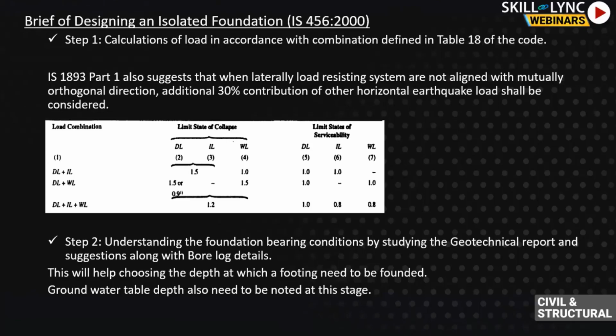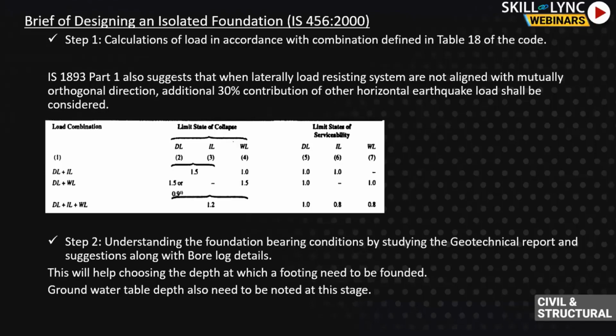Step one suggests calculation of loads in accordance with combinations defined in Table 18 of the code. All right, so that is the snapshot of Table 18. It says dead load and imposed load, dead load with wind load, and dead load, imposed load with wind load. The other required combinations are also stated in IS 1893 Part 1, which suggests that when lateral load resisting systems are not aligned with mutually orthogonal directions, an additional 30% contribution of the other horizontal earthquake load shall be considered.